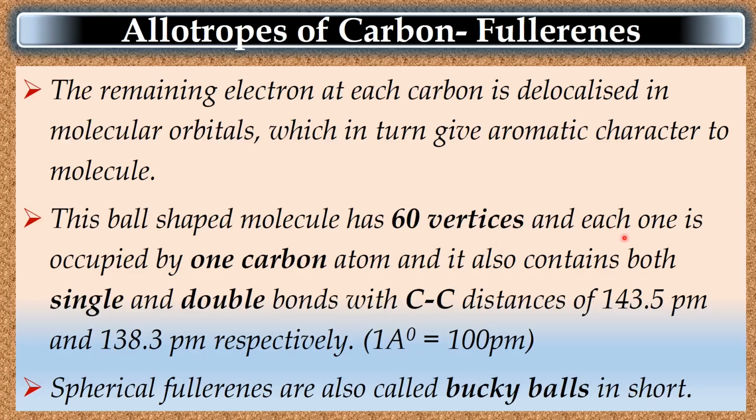Each one is occupied by one carbon atom, and it also contains both single and double bonds with carbon-carbon distances of 143.5 picometers and 138.3 picometers respectively. Here 1 angstrom equals 100 picometers. Spherical fullerenes are also called buckyballs.